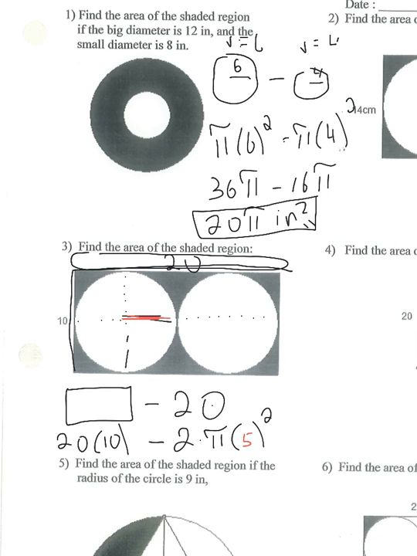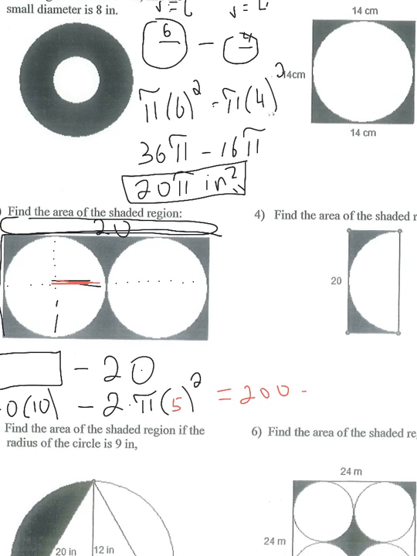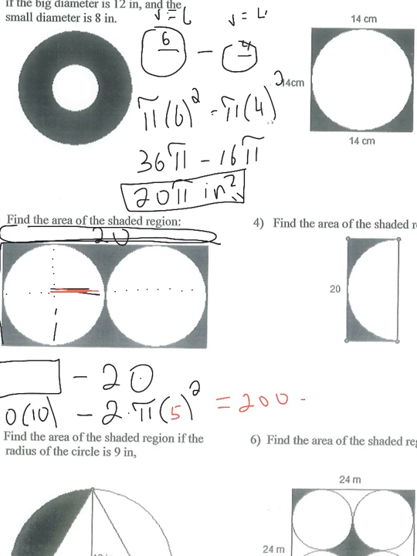Okay? Now, if you finish this problem, 20 times 10 is 200, minus, please remember exponents first, 5 times 5 is 25, 25 times 2, minus 50 pi. Okay, so the final answer is 200 minus 50 pi square units.